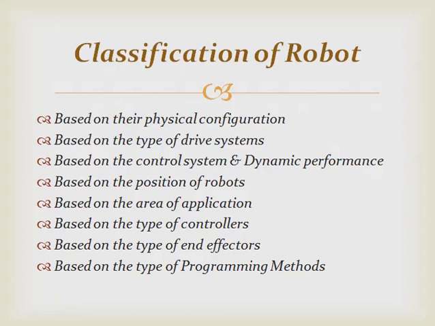We have a classification based on the physical configuration, where we divide robots into different varieties. Others are based on the type of drive systems used, the control systems, the dynamic performance, and the position, where again you have sub-classification. There are also the area of application, the type of controllers, the types of end effector, and the types of programming method.